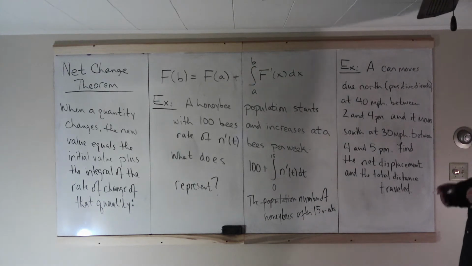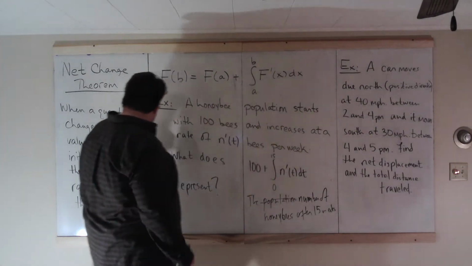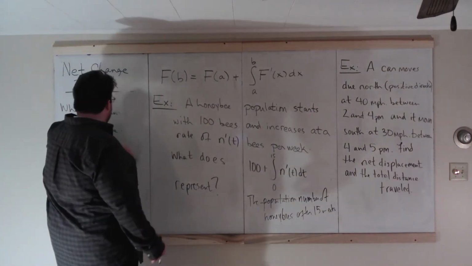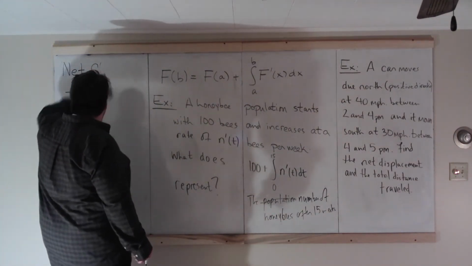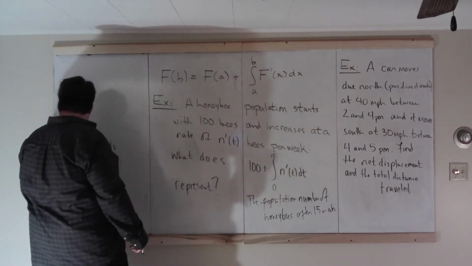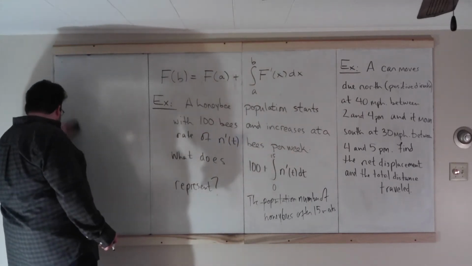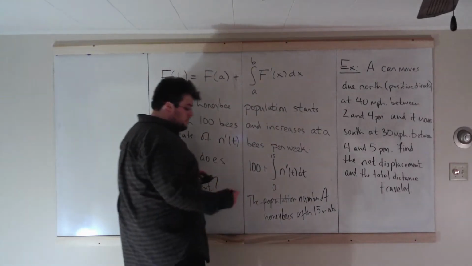Here time is measured in weeks. So this gives the number of honeybees in that colony after 15 weeks.